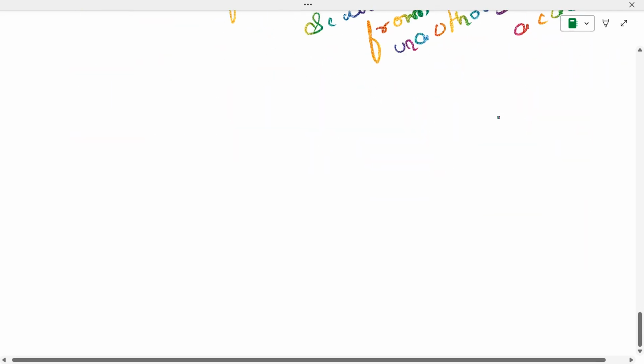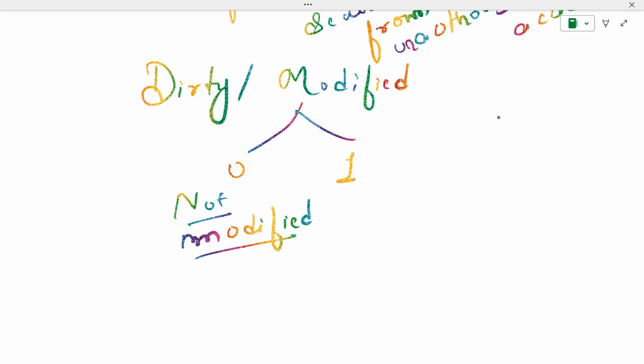Let's talk about the dirty or modified bit. Its value can be either 0 or 1. 0 says that the page is not modified, meaning it has not been written by any process. 1 says that the page has been modified by the processor as a part of execution.